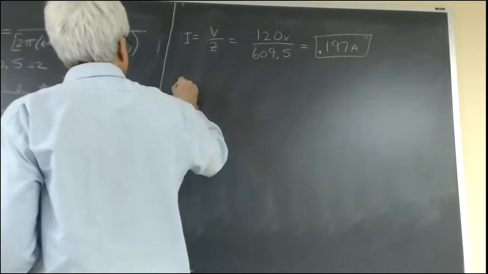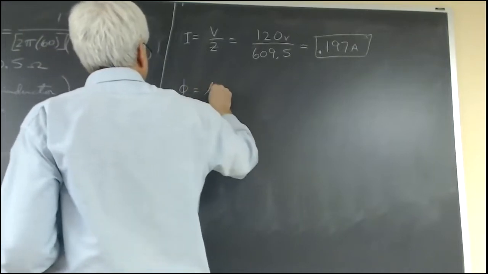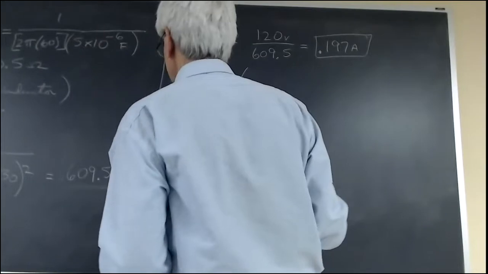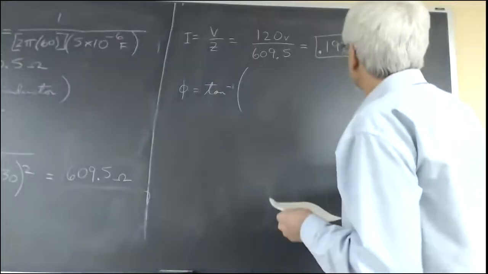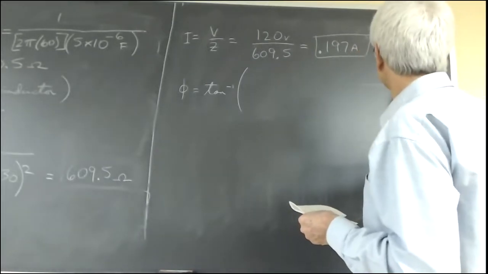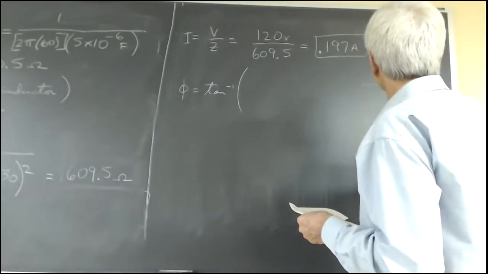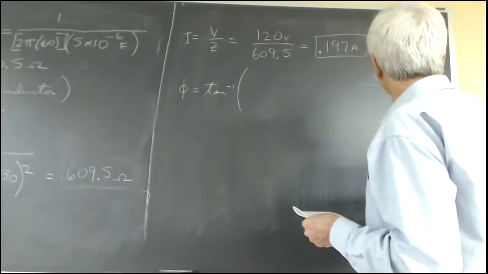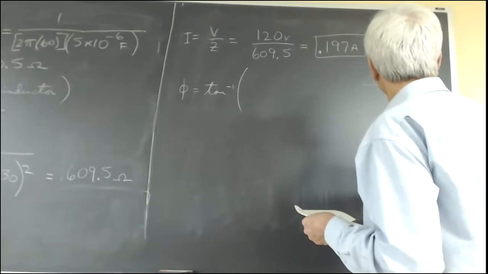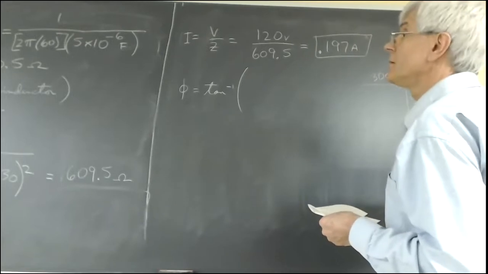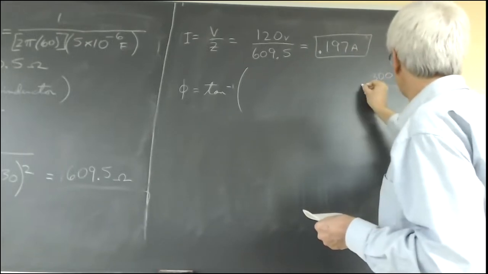As for the phase angle, it would be the inverse tangent of, maybe I should draw the little triangle again. We've got 300 for the resistance. Negative, well, in other words, 530 downward. XL minus XC is 530 downward.